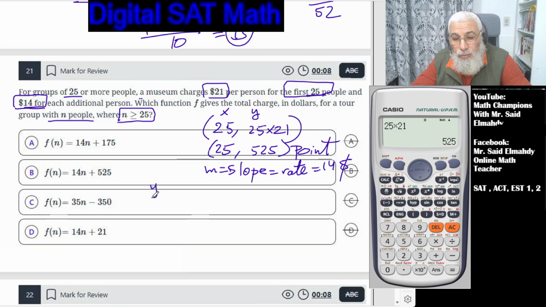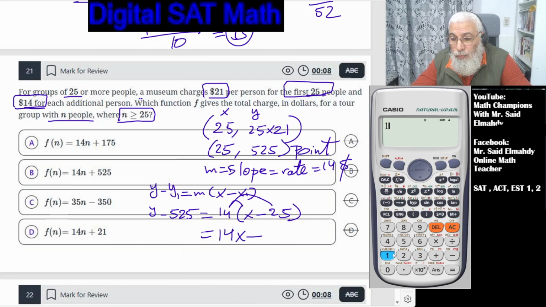So the equation is y minus y1 equals slope multiplied by x minus x1. This is point-slope form. The point is this, so y minus 525 is equal to slope 14 multiplied by x minus 25. So distribute: 14x minus 14 multiplied by 25, which is 350.